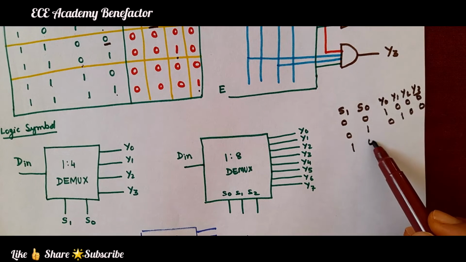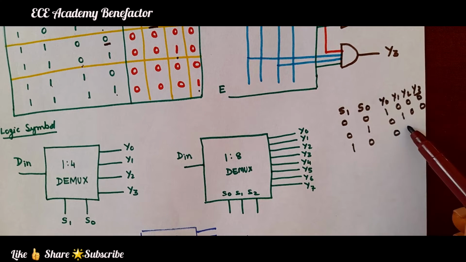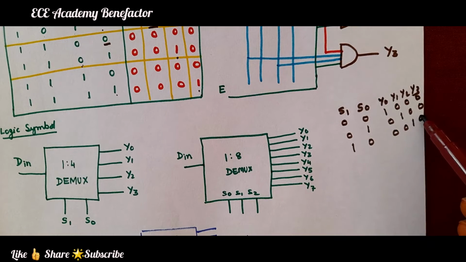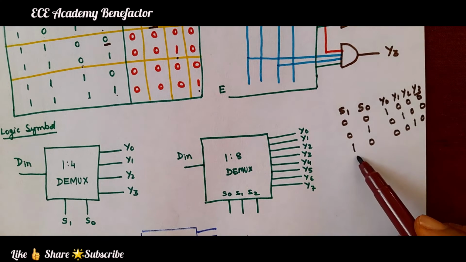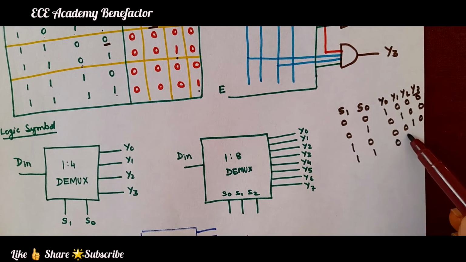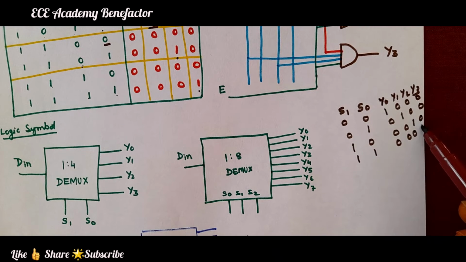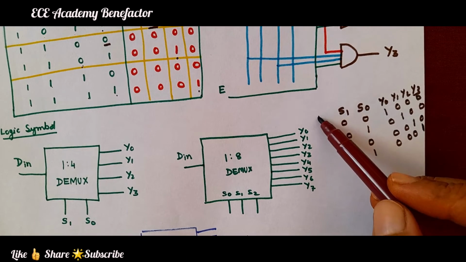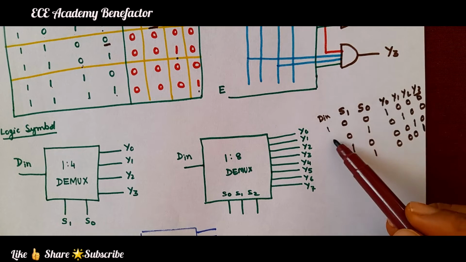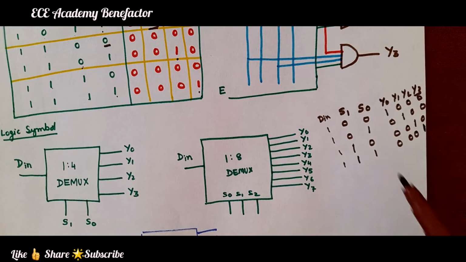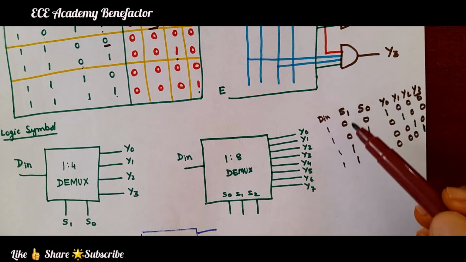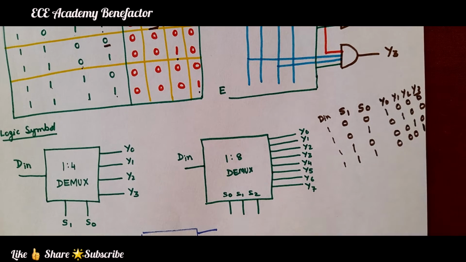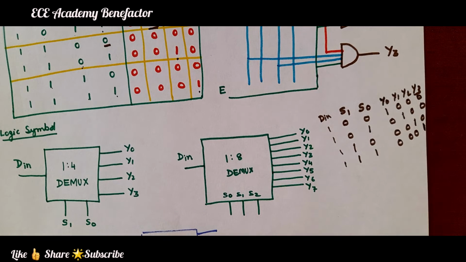When the selection lines are 1, 0, Y2 will be 1 and the remaining will be 0. For 1, 1, Y3 will be 1 and the remaining 3 will be 0. Under all these conditions, data input is 1 and the enable is also 1. This is the function table of the demultiplexer.